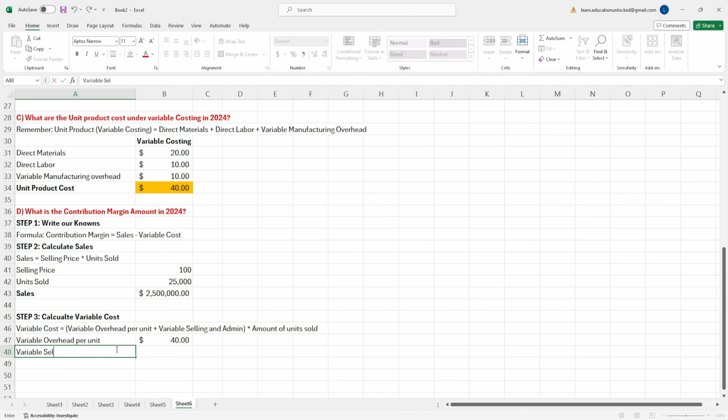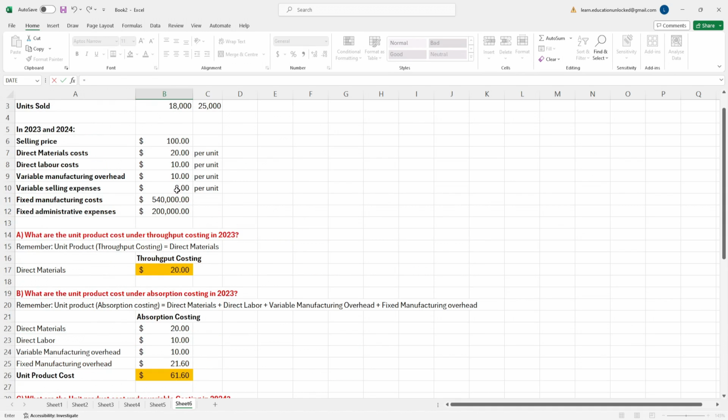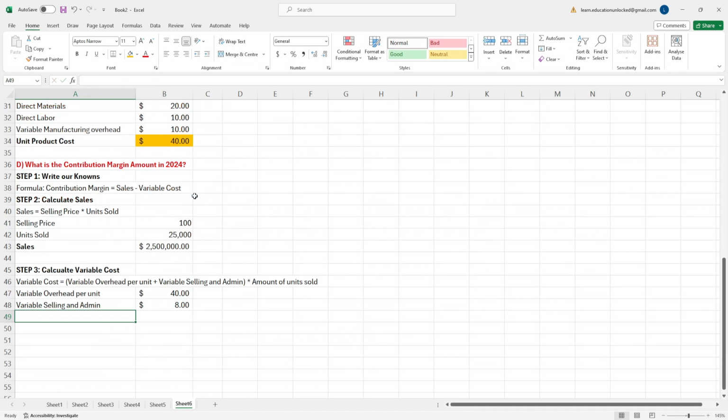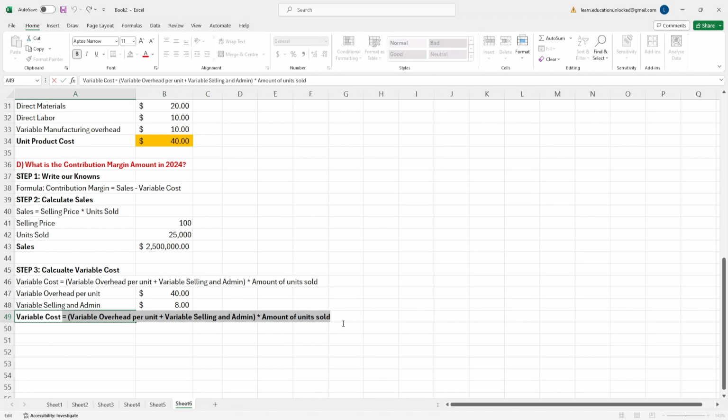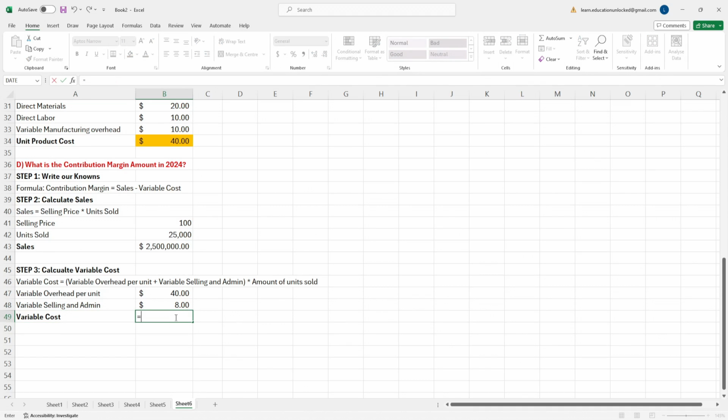Now we have to find our variable selling and admin. This is given to us already in the question: variable selling expenses, $8 per unit. And so our variable cost, put the parentheses, is 40 plus 8 times the amount of units sold. Units sold is right here. So 1.2 million.